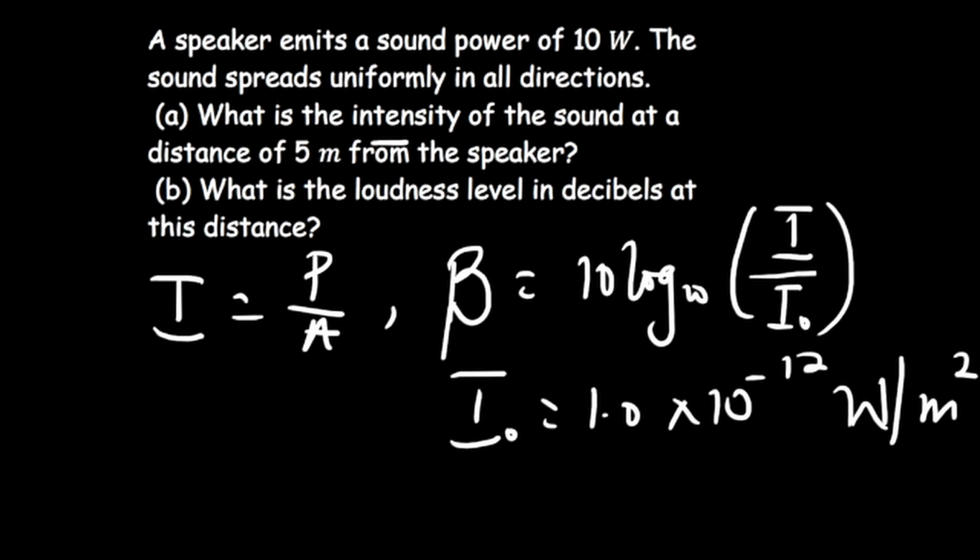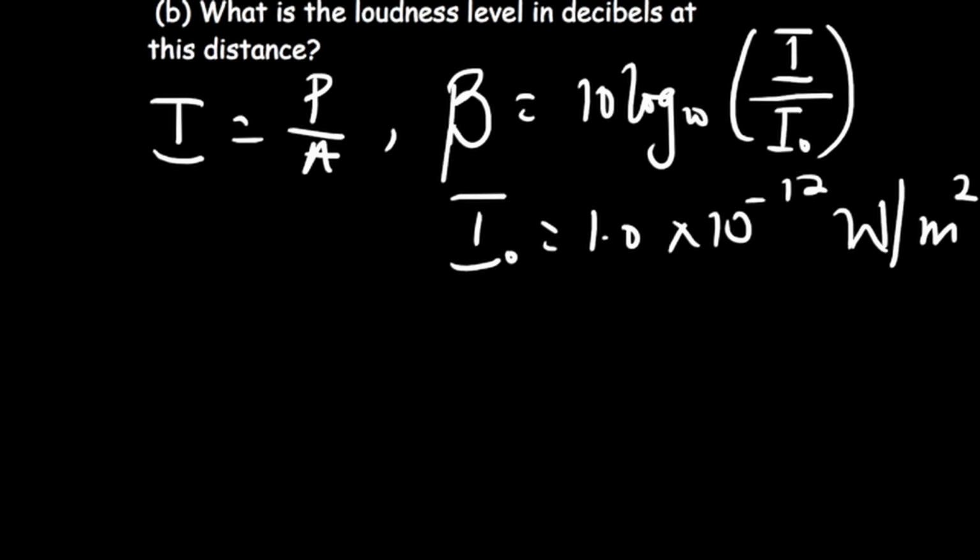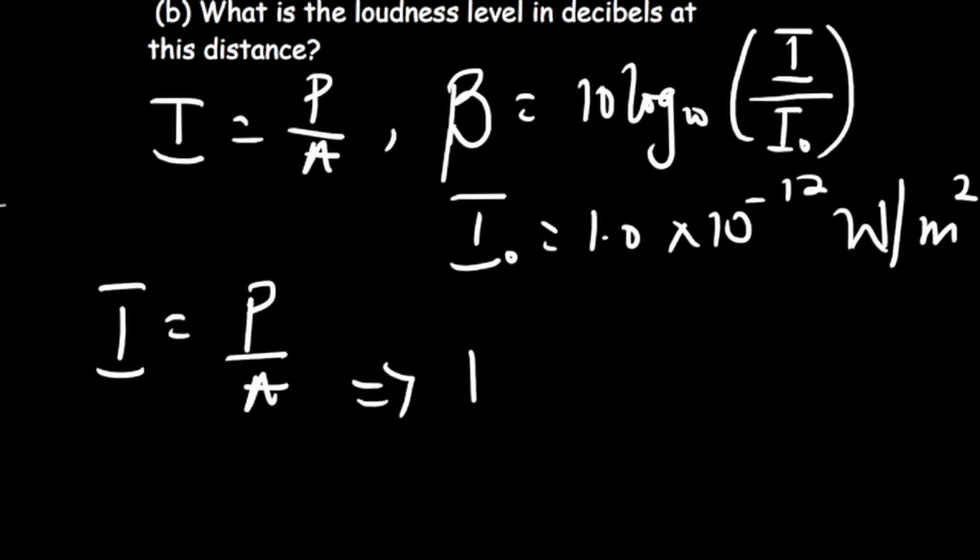Now let's go ahead and find the sound intensity first. Right here, we have that the sound intensity is equal to power over area. So we continue from here. Intensity is equal to power, which is 10, over area.